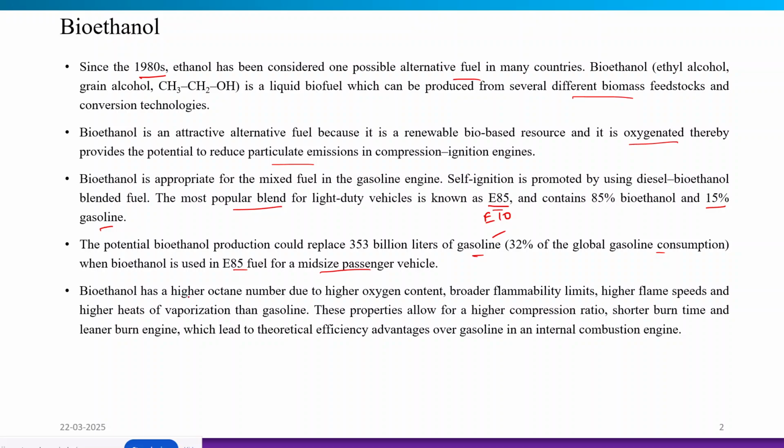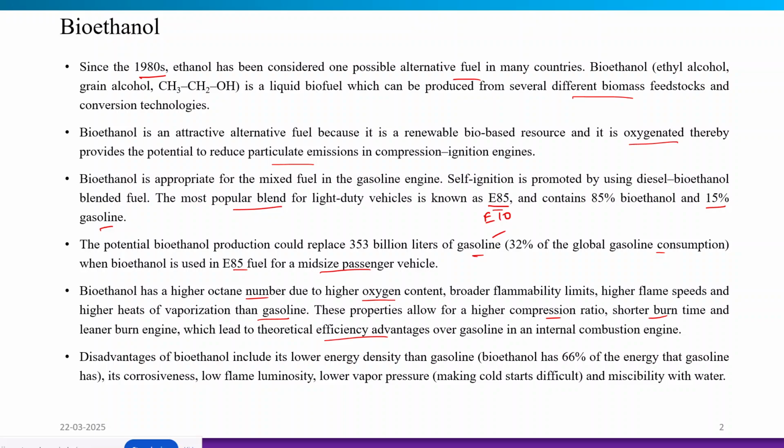Bioethanol has a higher octane number due to the higher oxygen content, and it also has broader flammability limits, higher flame speeds, and higher heat of vaporization than gasoline. These properties allow for a higher compression ratio, shorter burning time, and leaner burn engine, which leads to theoretical efficiency that is advantageous over gasoline in an IC engine.